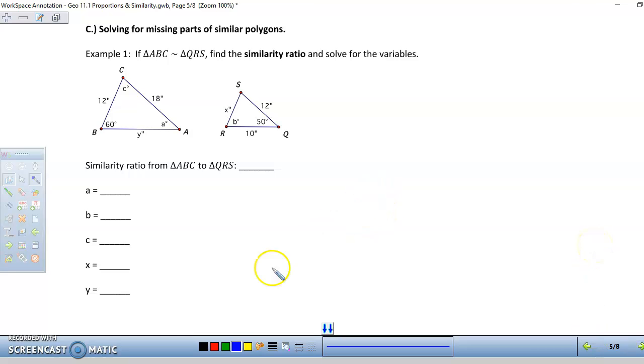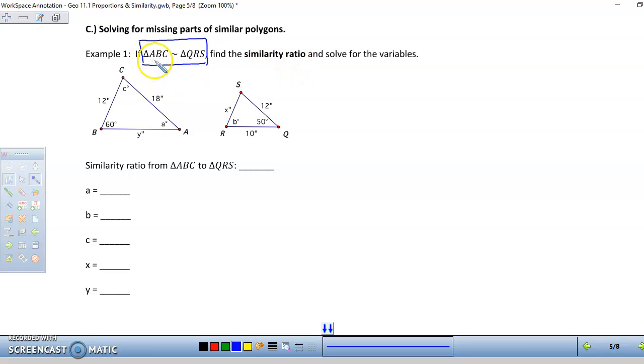Okay, so on the next one, whenever you're given a similarity statement, pay attention to it. I would even circle it, box it, highlight the fact that you are given a similarity statement because that will make your life a lot easier. So you know exactly which sides correspond. So in order to find the similarity ratio, you want to figure out two corresponding sides that both have numbers on them.